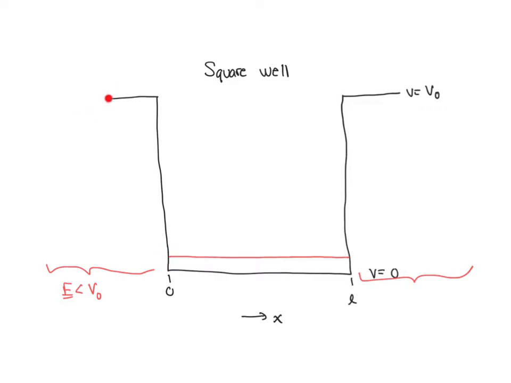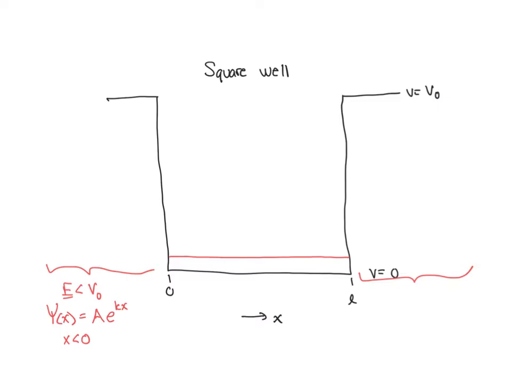In that case, we know that we have a wave function out here that is going to be real. So it's going to have some normalization coefficient, and it's going to be e to the kx, because in this case, x is less than 0 in this region, and so I need to use the e to the kx version of that wave function, so that my wave function will not be infinite.